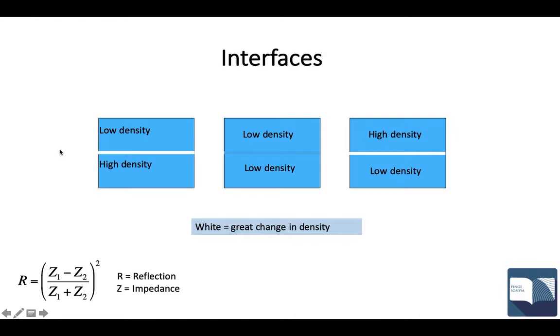So when we go from a low density tissue to a high density tissue, we will have a strong interface seen in white in ultrasound machine screen. The same is when we go from a high density tissue to a low density tissue.